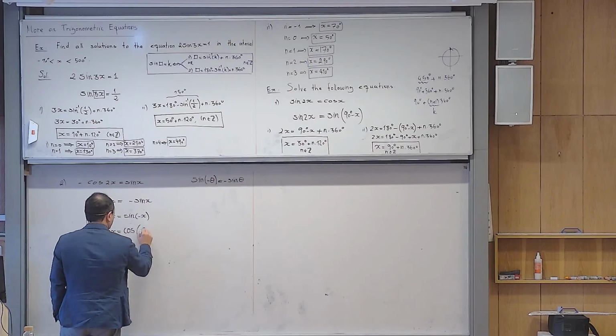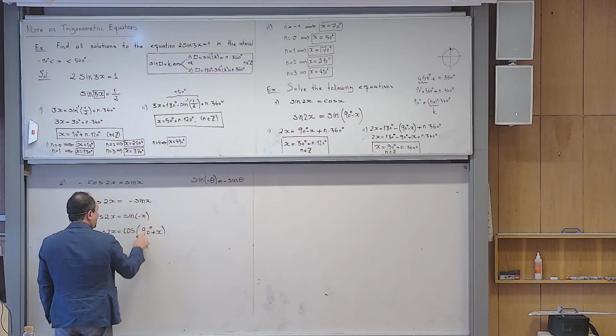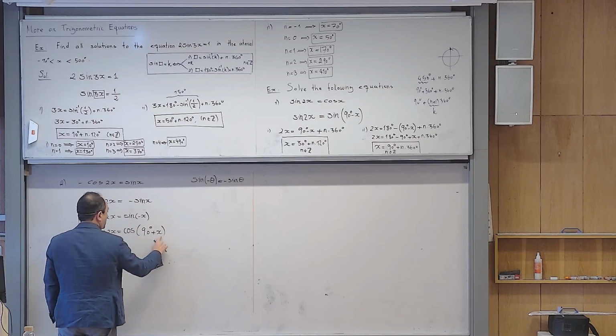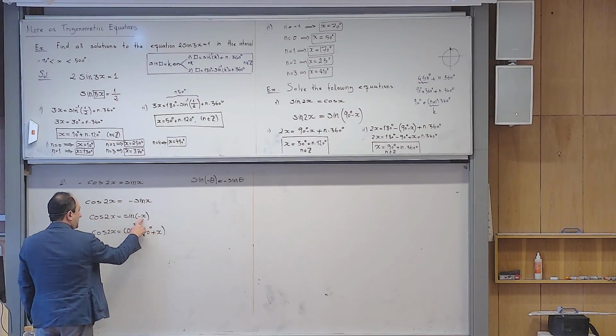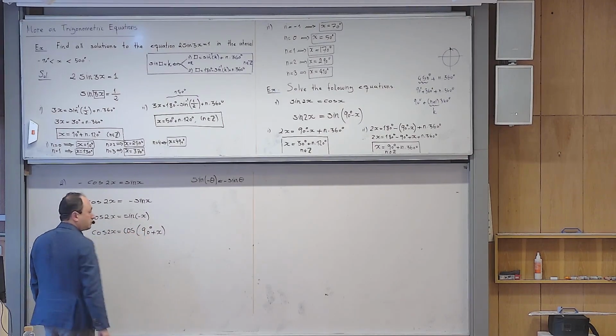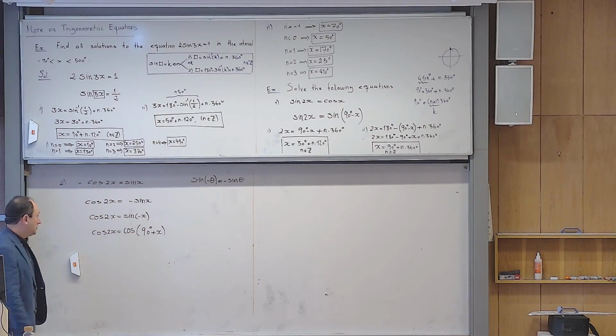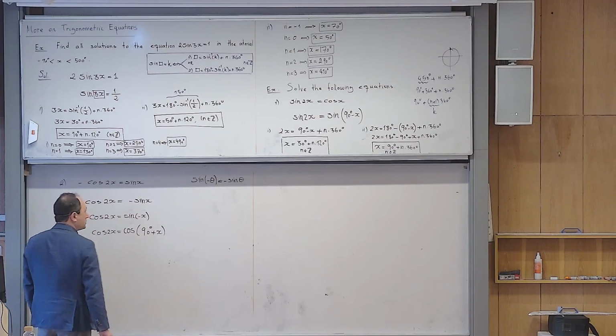Why? Because if I ask you what is the sum of this angle and that angle, the answer becomes 90 degrees. So minus x and 90 plus x are complementary angles. So sine of one of them is equal to the cosine of the other. Okay? Now, but I have equality of two cosines now.